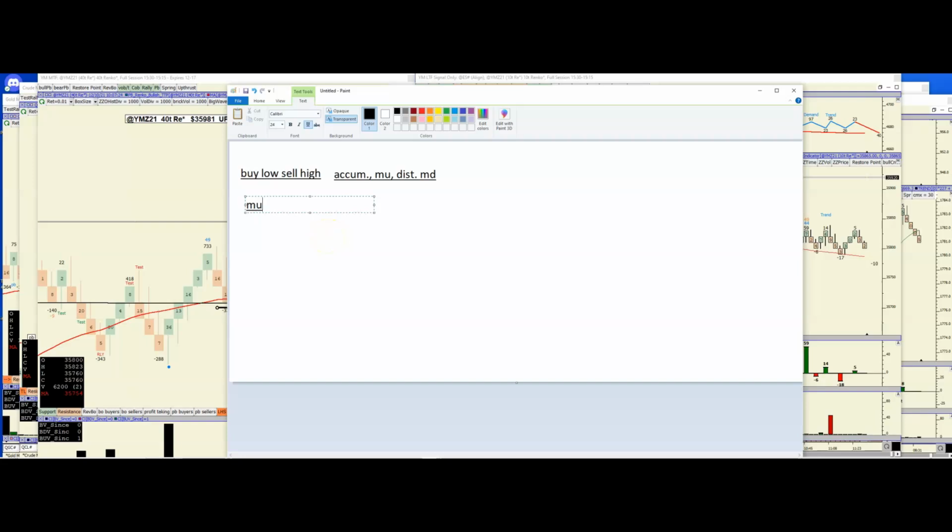Markup and markdown. Typically, they have both higher highs and higher lows, along with lower high and lower low, right? That's for markdown. All right.